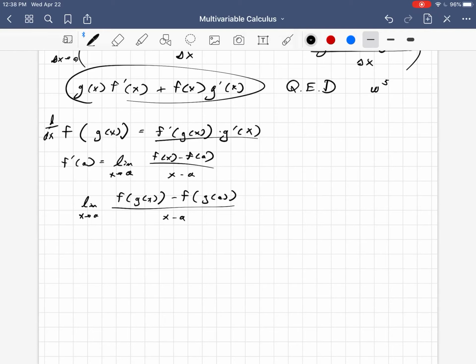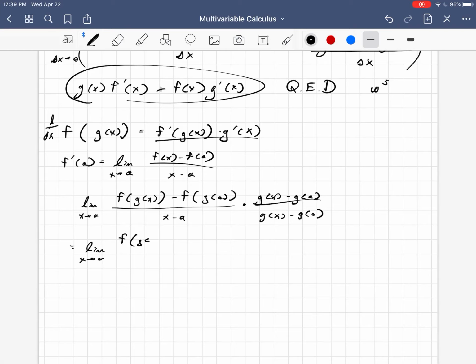I think I want to multiply by 1. I want to fit the form of this here. So what if I multiplied by g of x minus g of a over g of x minus g of a?